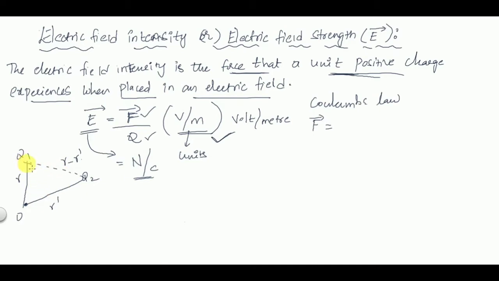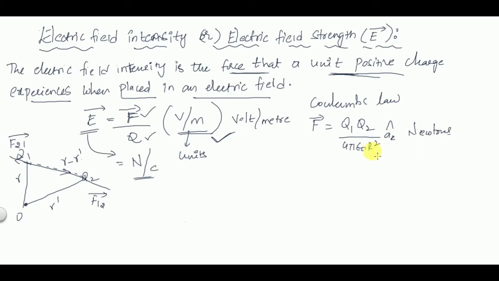The force exerted by q1 on q2, this is the direction of F12, and reversely, this is the direction of F21. This is what we have learned in Coulomb's law. So the force is given by q1 q2 by 4 pi epsilon naught r square into ar cap newtons.